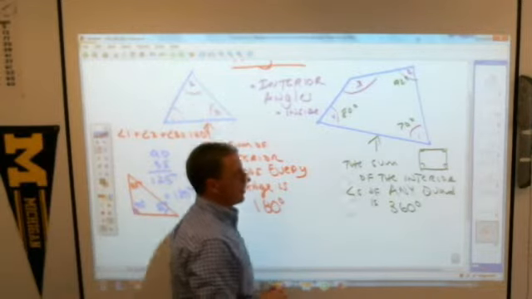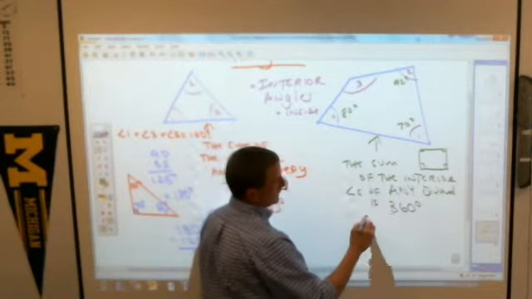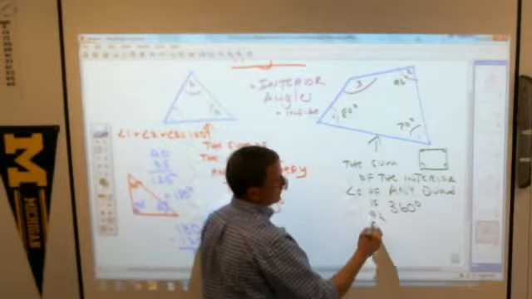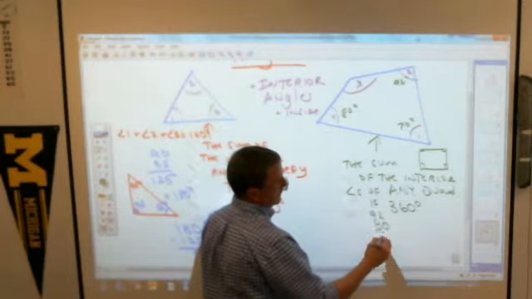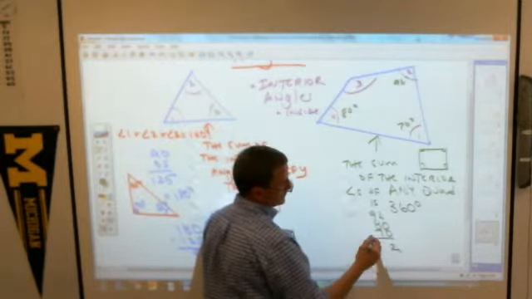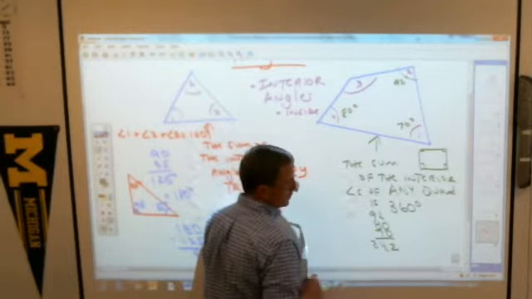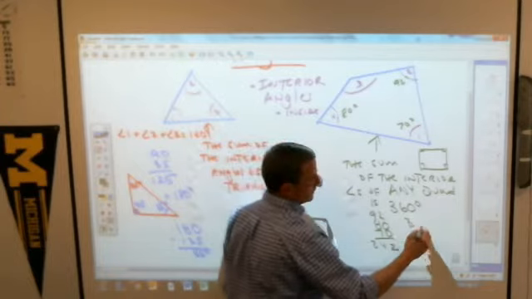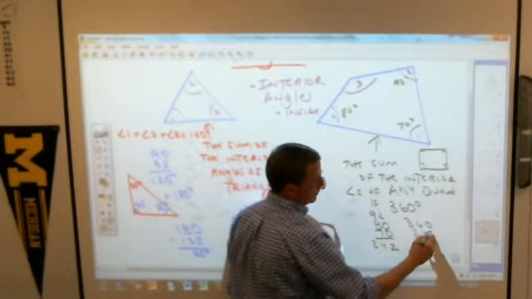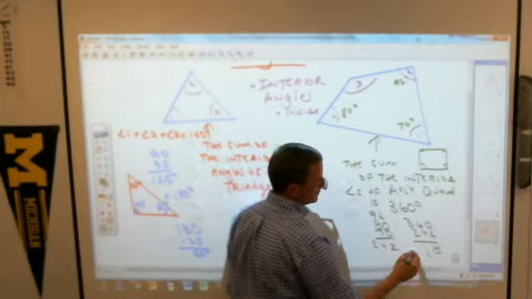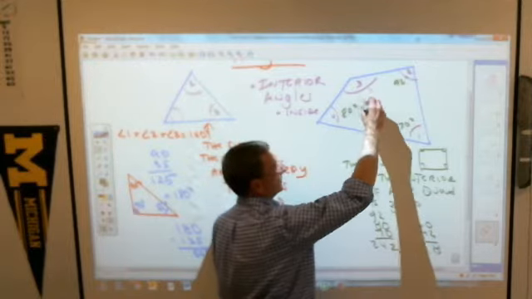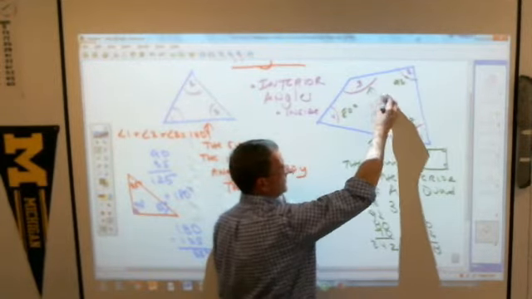Add them all together and subtract from 360. There you go. I would take 92 plus 80 plus 70. What is that? 242 degrees. I know I have to have 360 degrees, so I take my 242 away from that, and I get 118. I know that angle 3 has to be 118 degrees.